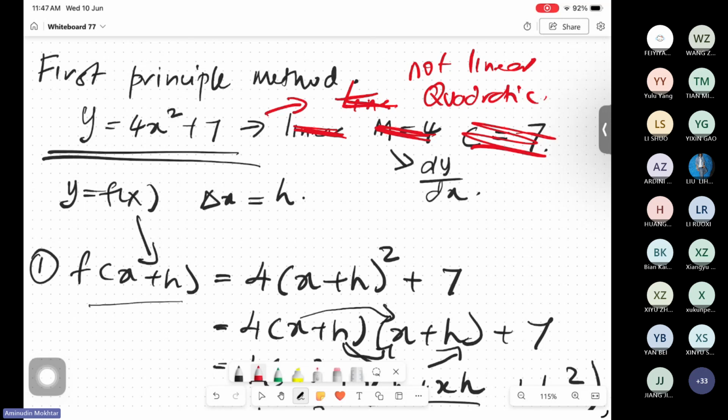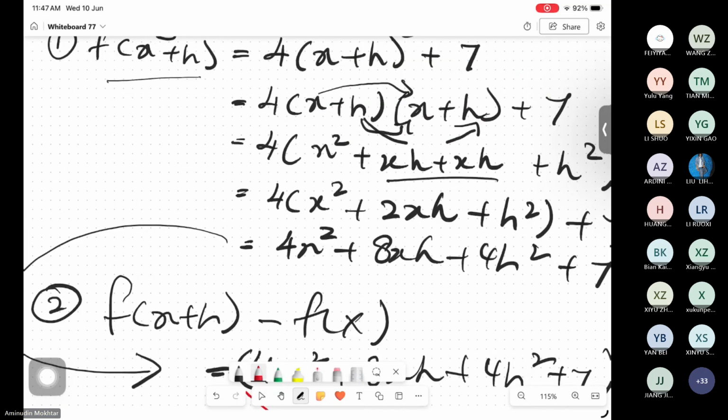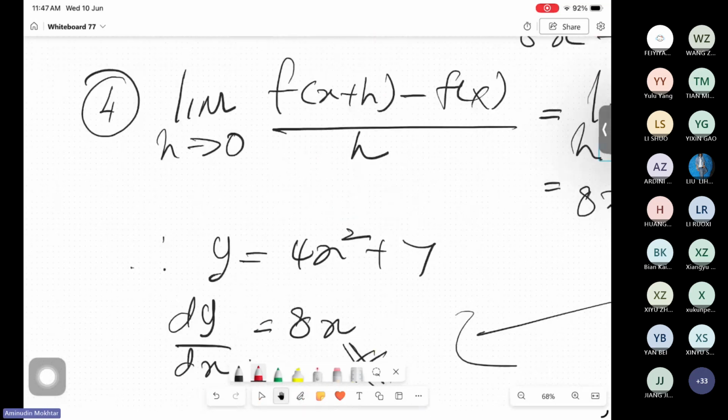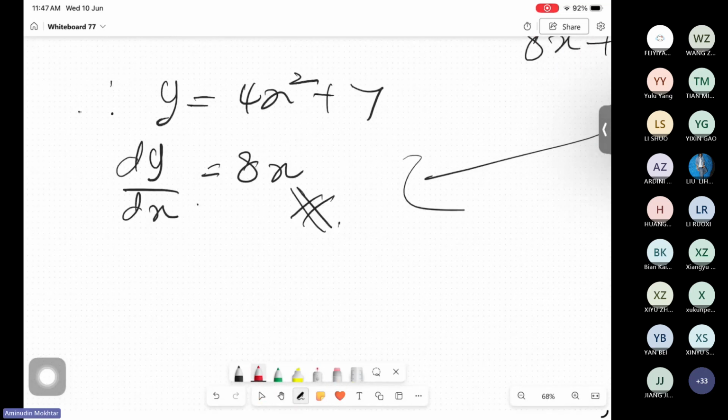So the first derivative of the equation is dy/dx equal to 8x. This is based on the first principle method. Okay, that's all about the first principle method.